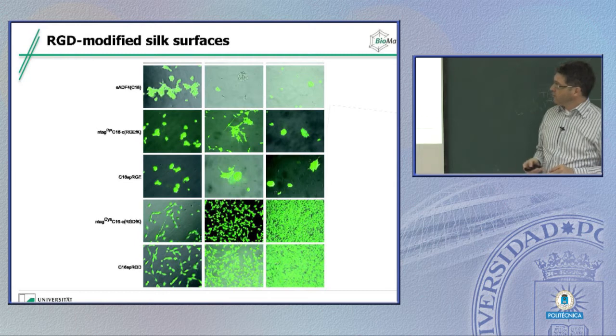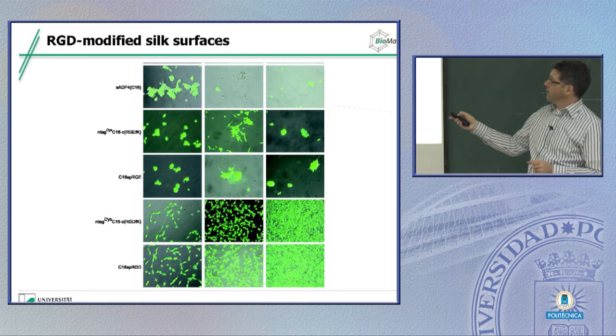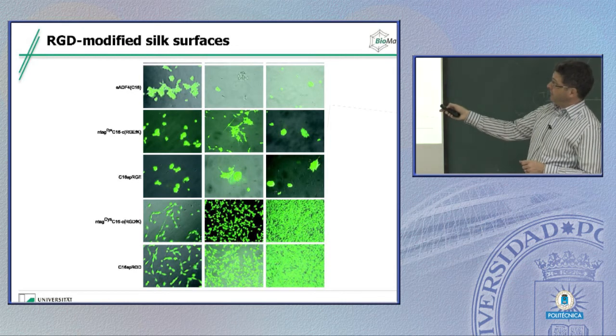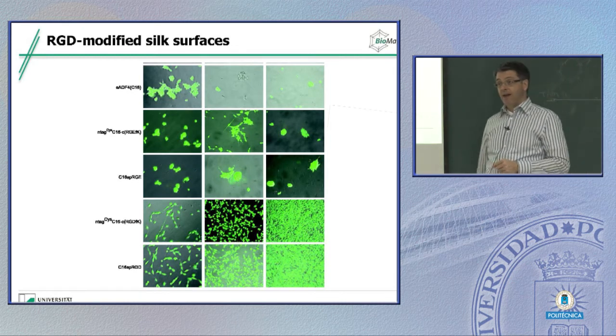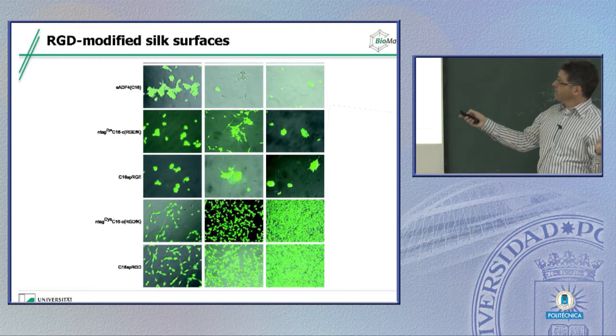These are RGD-modified silk surfaces. Why is it necessary to modify a silk surface? Here you see a surface, a film just made of this E80F4, C16. And you see pretty much similar things as we've seen before with polyacrylamide. The cells don't like the surface very much.